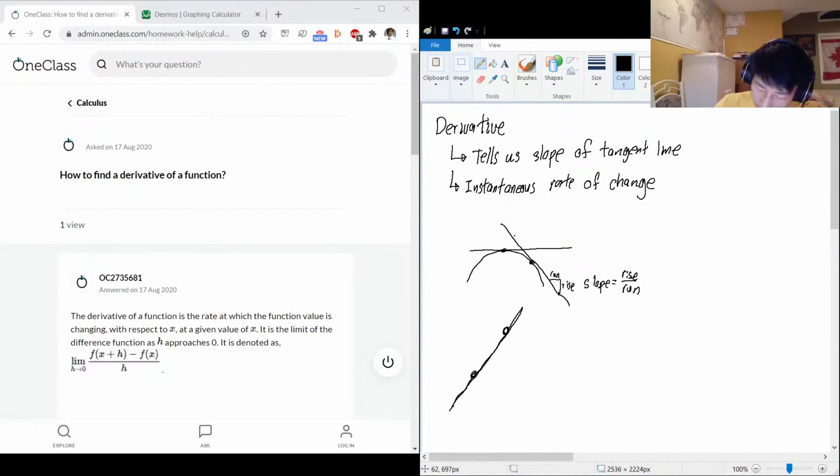Well, if this is our x axis and this is our y axis, let's say here we have x of a, and if we call this distance h, and this is h plus x of a. Originally we have x of a, shift over by h and you get h plus x of a.